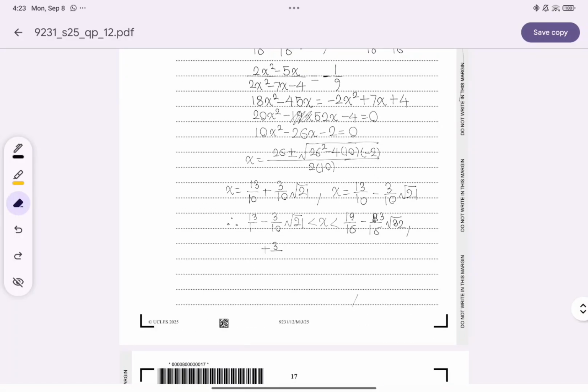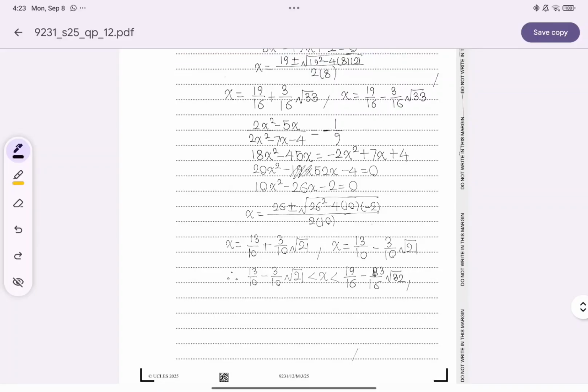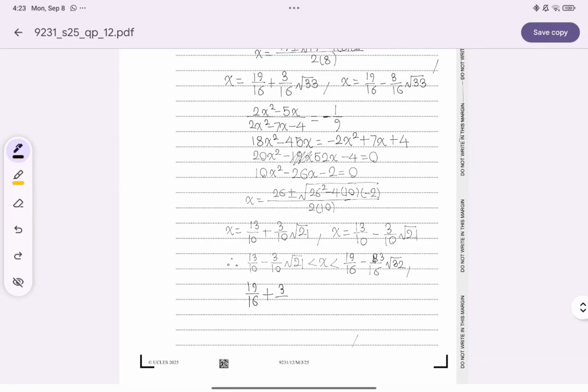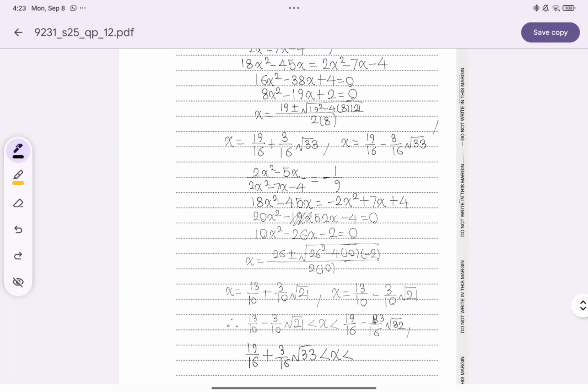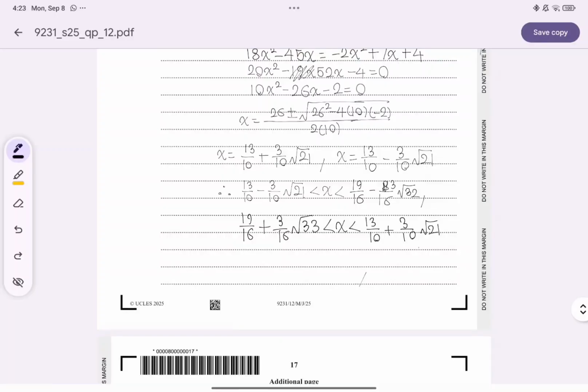The second range would be 19 over 16 plus 3 over 16 square root 33 less than x less than 13 over 10 plus 3 over 10 square root 21.